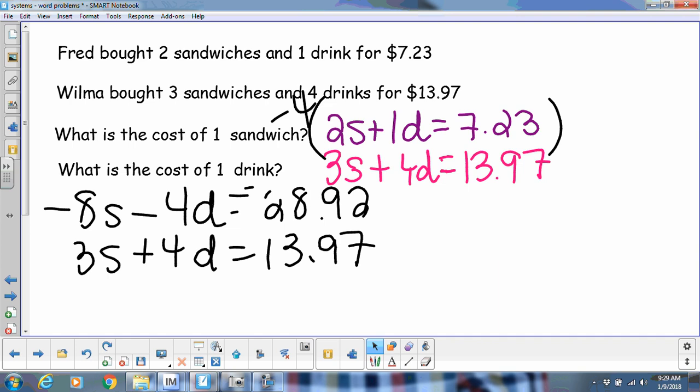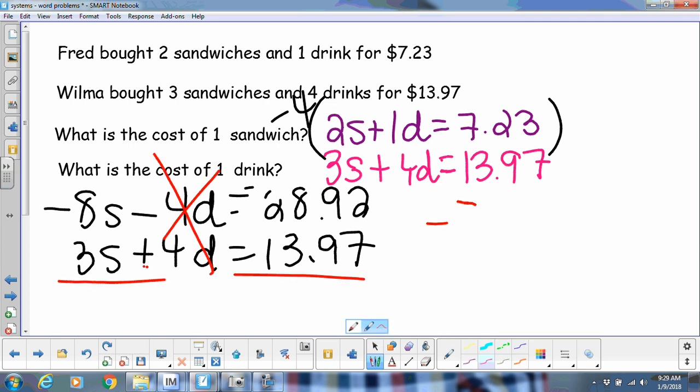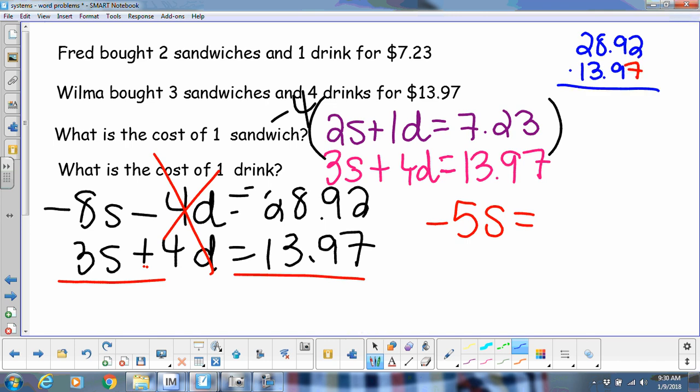All right, we can cancel our D's. So that gives me -5s, negative 5s equals, all right, 2892 minus 1397. Right? Okay?